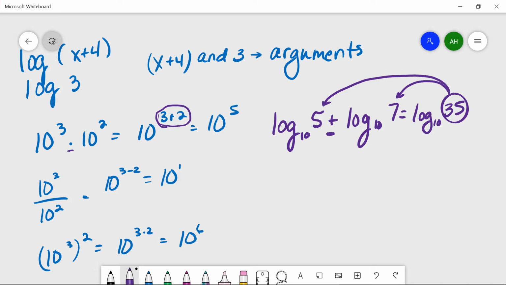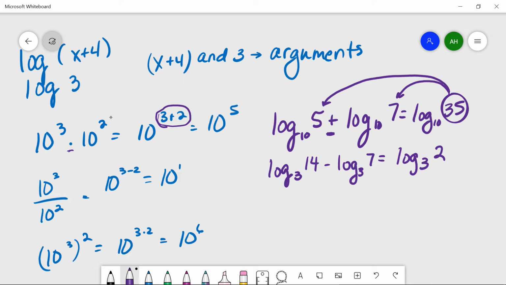Okay, if logs with the same bases are subtracted, then the arguments are going to be divided. All right, so if I've got log base 3 of 14 minus log base 3 of 7, all right, and this is going to equal log base 3 of 2, because 14 divided by 7 is 2.